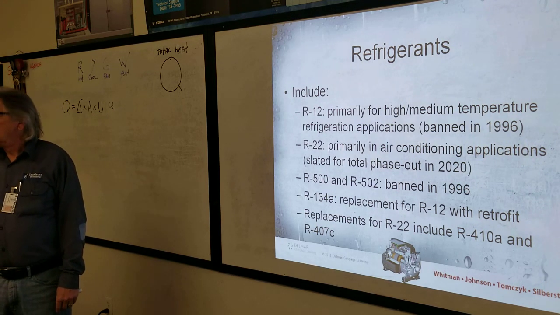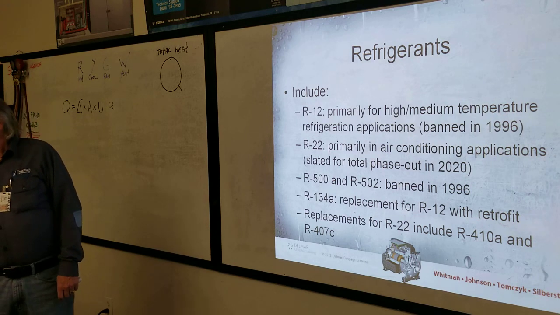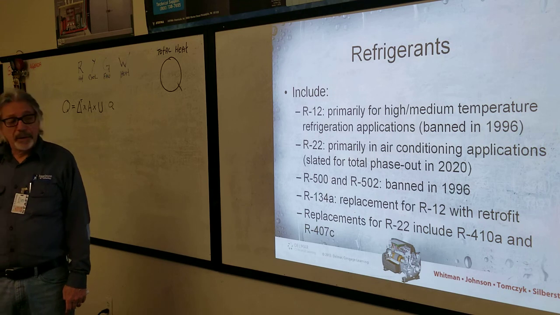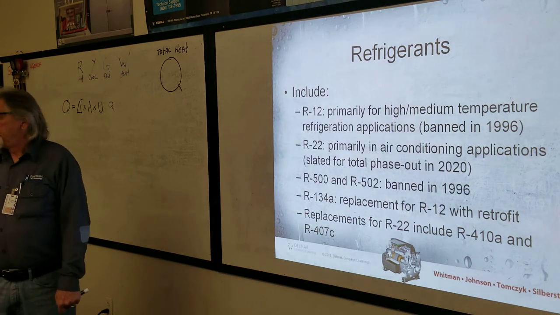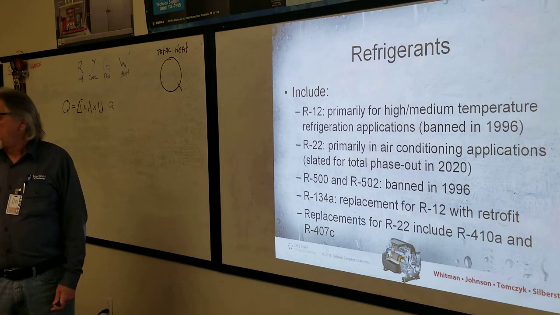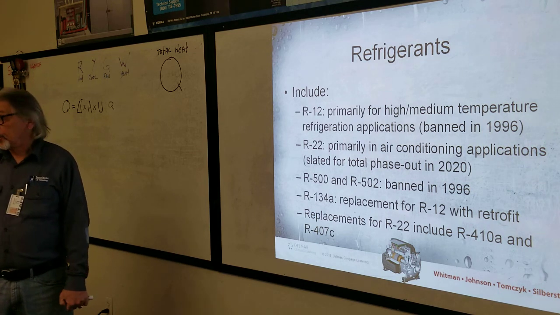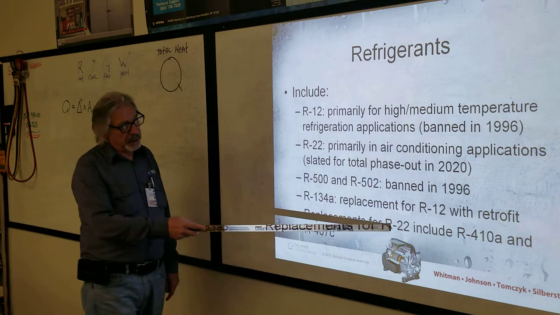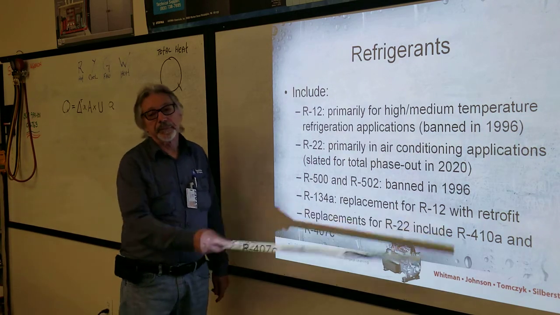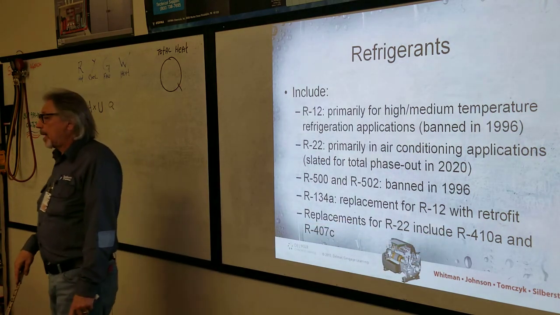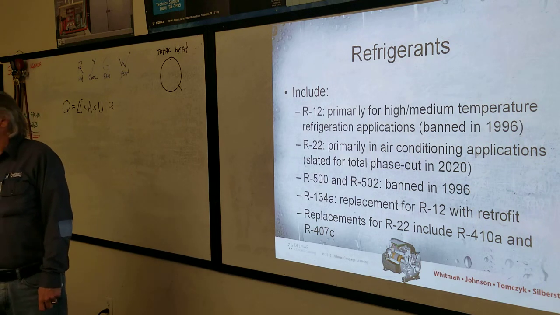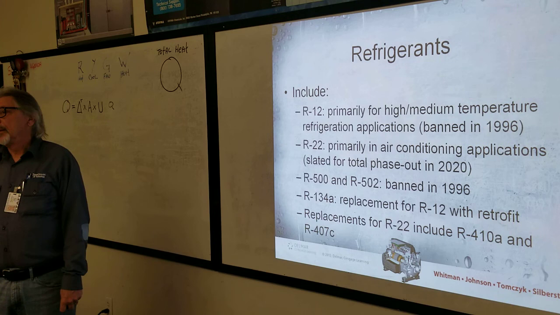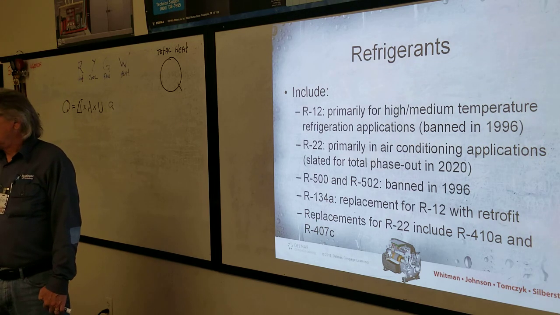Once the system has R22, could you put R410? No. So you have to take it all out? That's why I disagree with this, because it's not a replacement. A 410 system has to be built for 410. 410 is not replaceable with anything, and it does not replace anything.